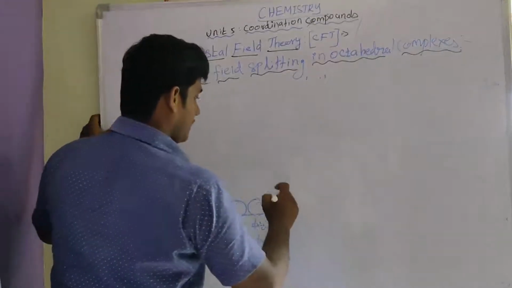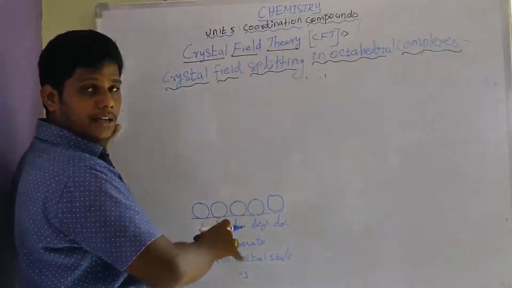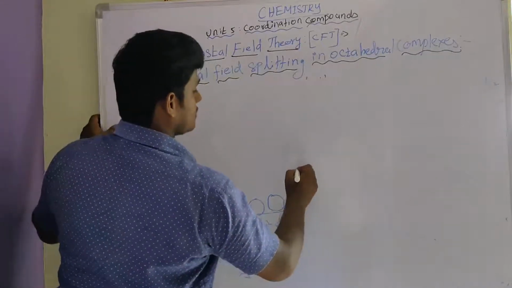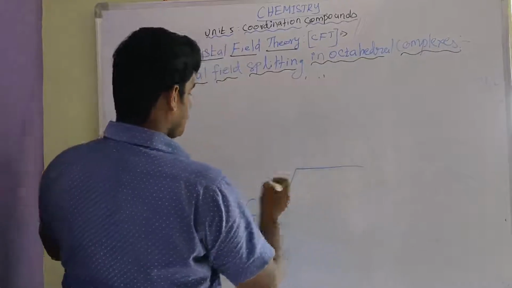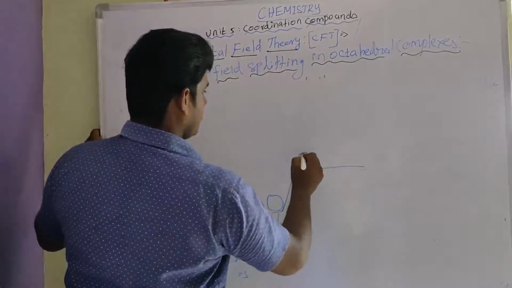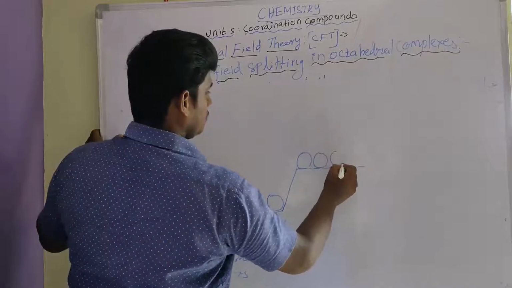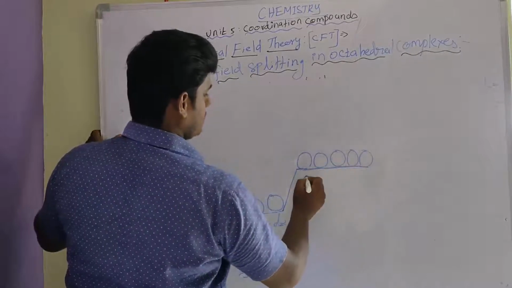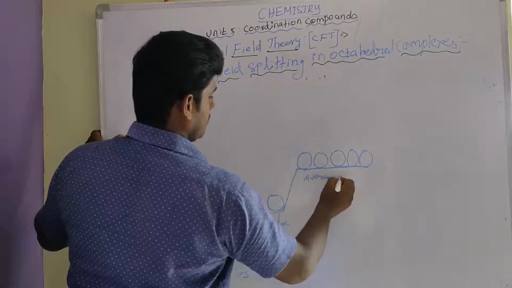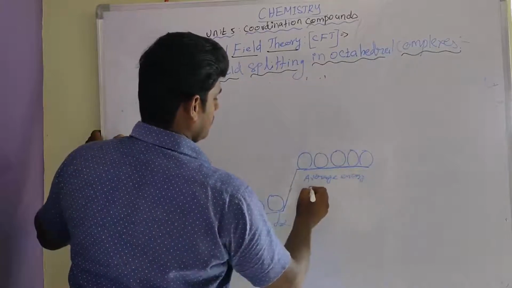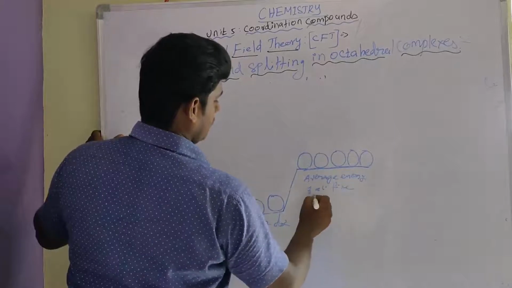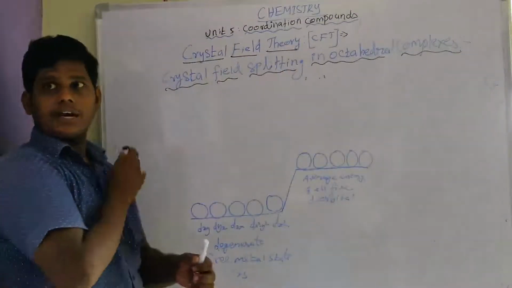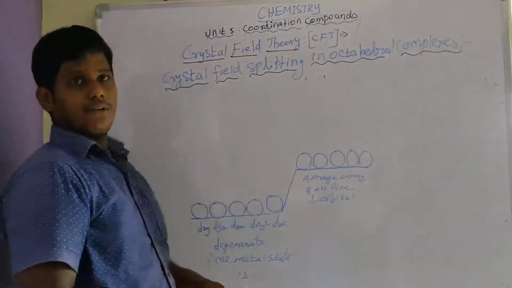Now when a ligand approaches the central metal ion, a spherical field is formed, that means an average field, so the energy rises a little. This is called the average energy, the average energy of all five d orbitals, in a spherical crystal field.